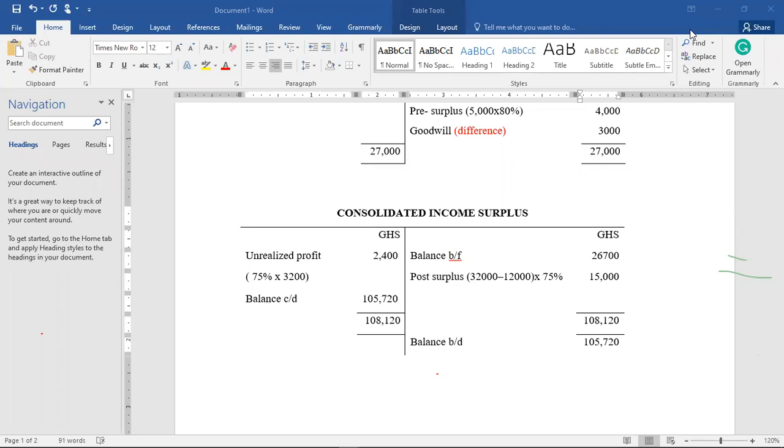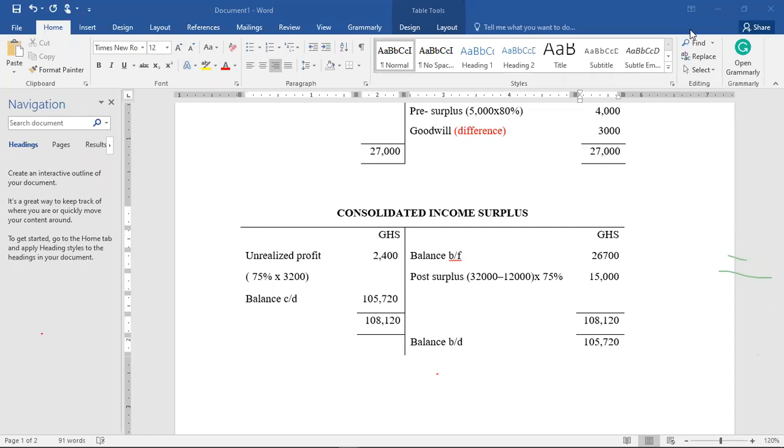The total surplus which would have been in your balance sheet for the subsidiary is the 7,800. If you should have a balance sheet, that 7,800 would have been the surplus in the balance sheet. Are you getting the scenario? For the subsidiary.